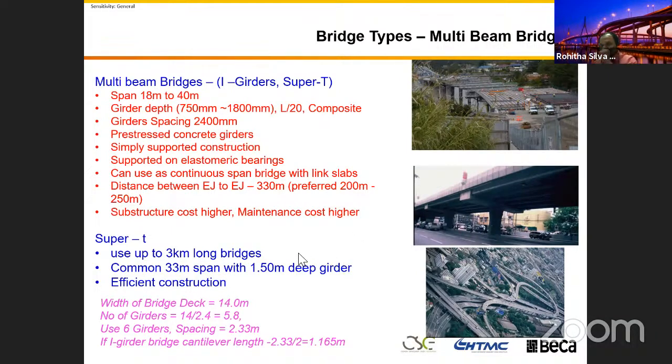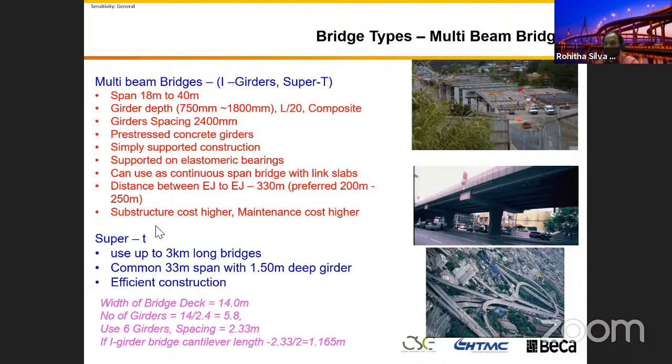Still I can't digest that one, but yeah, supported on elastomeric bearings, which can be designed as a continuous link with a continuous deck, up to 330 meters we designed with a special way of bridge articulation, but preferred between 200 and 250. If you go beyond that, you have to come up with a special kind of bridge articulation. If someone is interested, I can help them with how to do it.